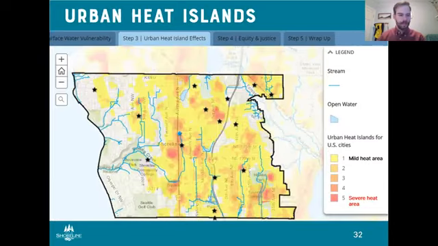So the second is a map of urban heat islands and shoreline. The urban heat island effect is when paved, impervious surfaces hold and trap heat and end up significantly warmer than areas that are shaded or have substantial vegetative cover, or are surfaces designed to reflect heat.